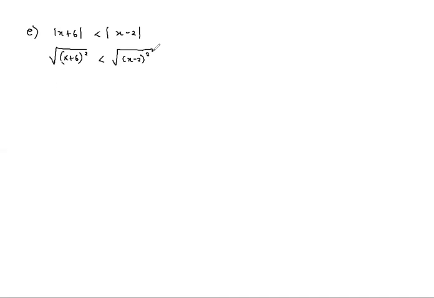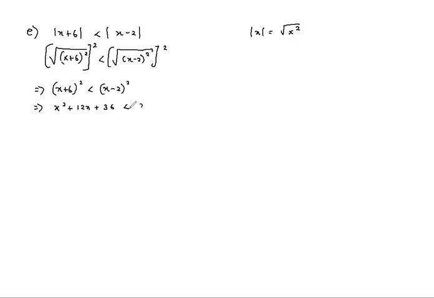So I haven't changed anything. I've just redefined this because I know that this is the same as this. So if we have this and we square them, we're going to get x plus 6 squared less than x minus 2 squared. And this is going to give us x squared plus 12x plus 36, which is less than x squared minus 4x plus 4.